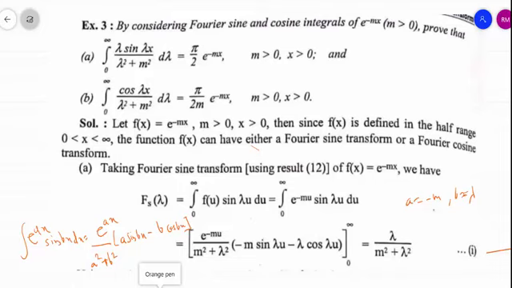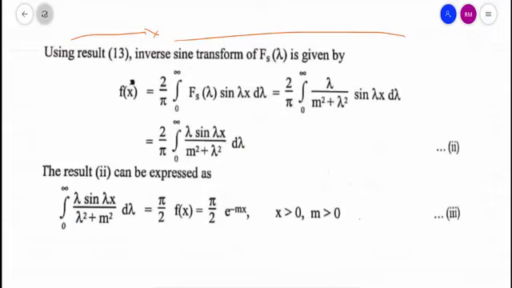So after that we have to represent this function, f of x function, in a language of Fourier representation. So once we find Fourier sine transform, means fs of lambda, and its value is lambda upon m square plus lambda square.